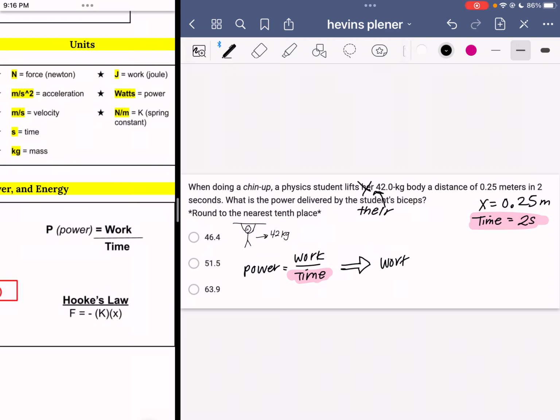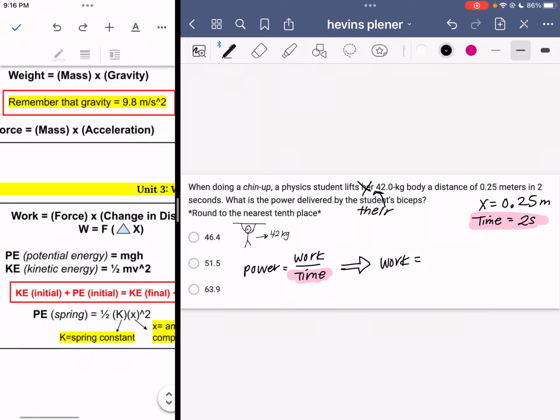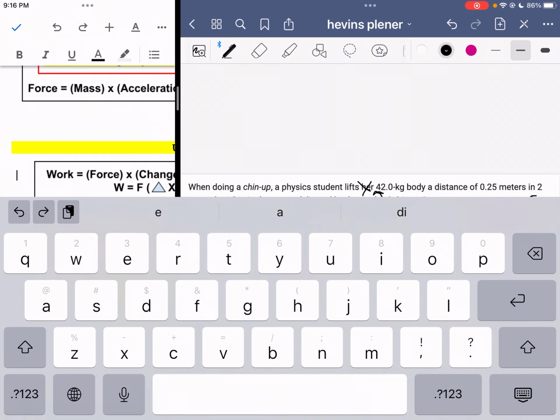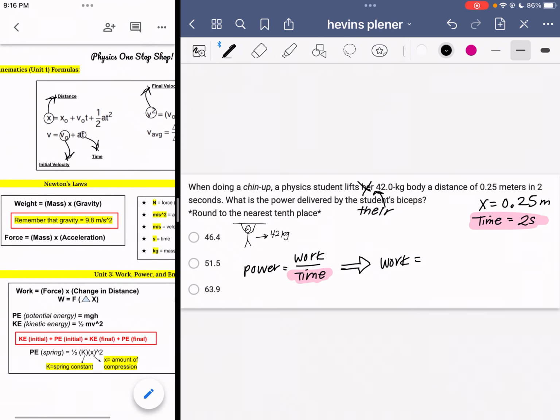Work equals force times the change of distance. Okay. Good news. We have distance. We do not have the force.